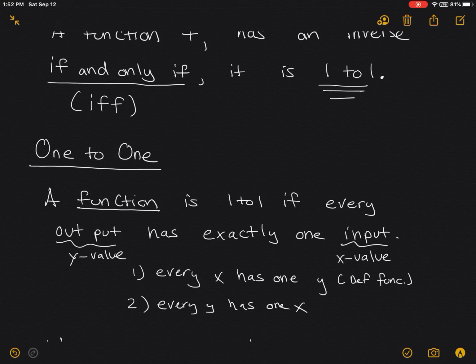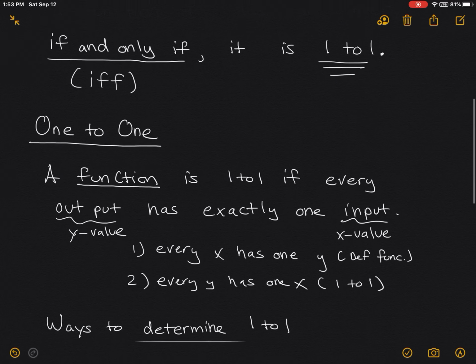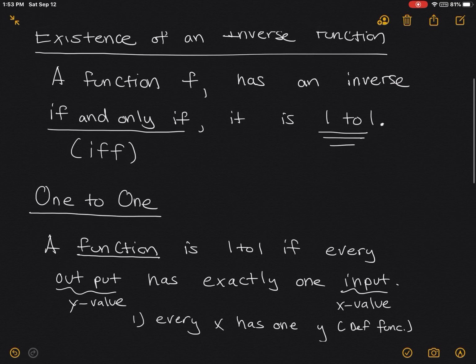And every y has one x, right? This means 1-to-1. So if a function's 1-to-1, every y value has exactly one x value. But because it has the word function in it already, it's already implied that every x has exactly one y. Okay, so every x has exactly one y, every y has exactly one x. You know that your function is 1-to-1.